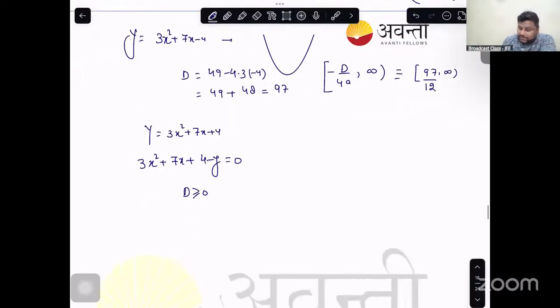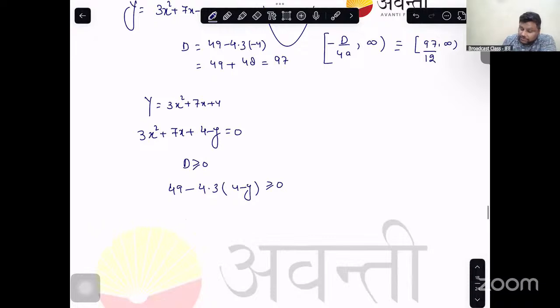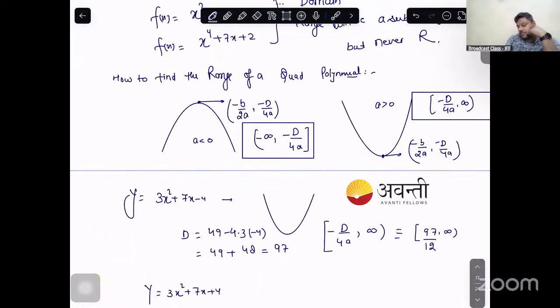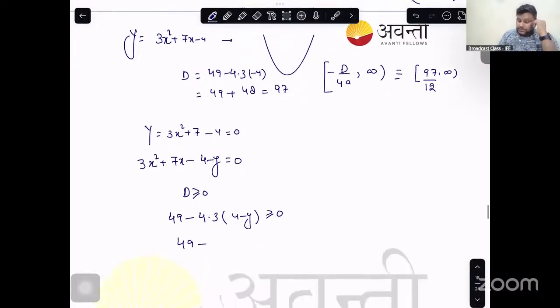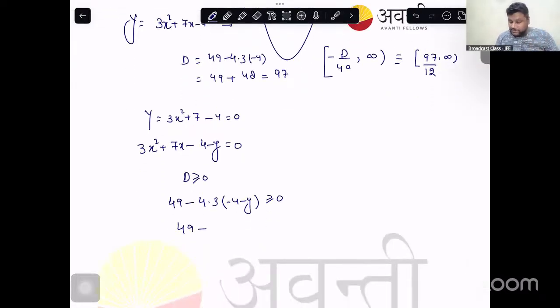So it is b square 49 minus 4, a is 3, c is minus 4 minus y, more than or equal to 0. So it is 49 minus 4 times minus 4 minus y. So 49 plus 48 plus 12y more than or equal to 0. Correct?